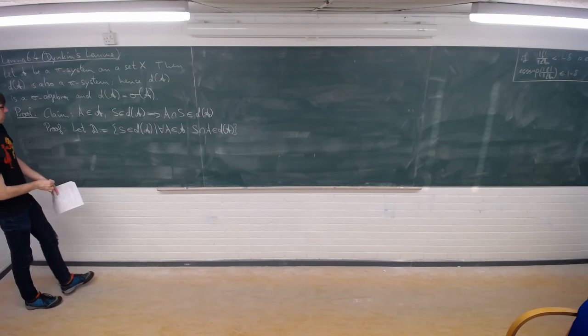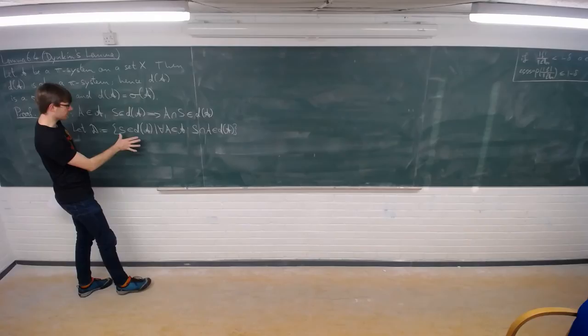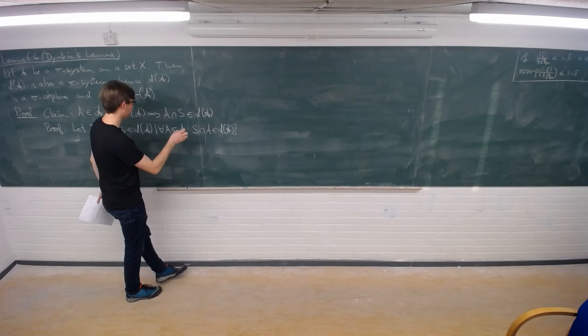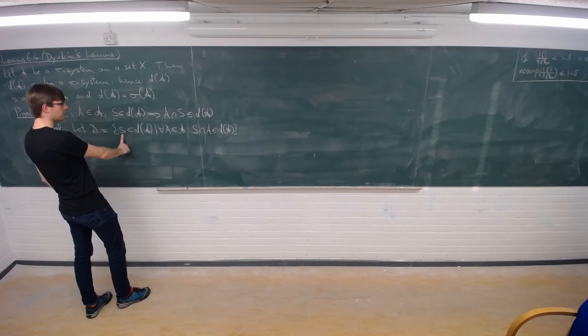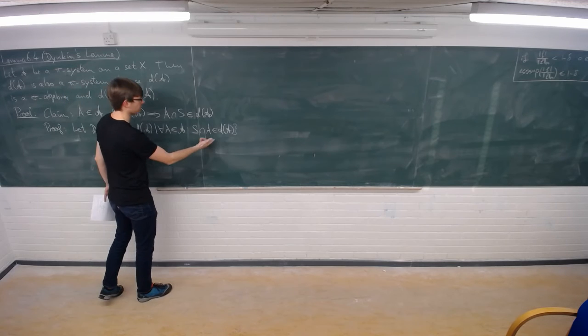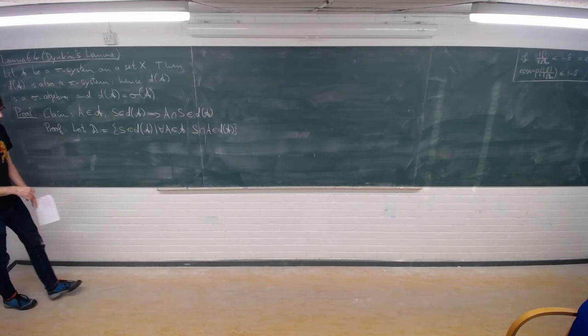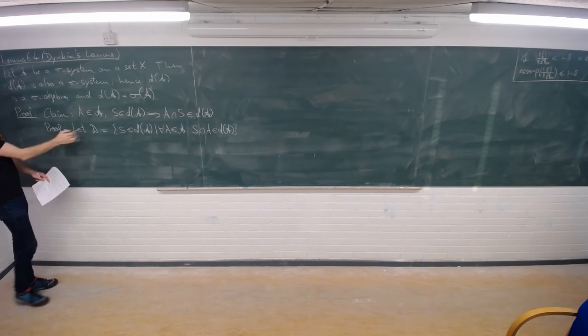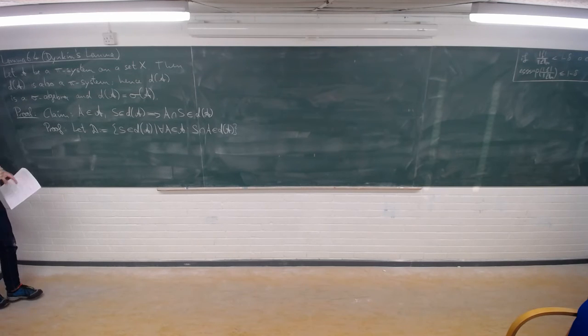Okay, so elements of D are defined by the property that if you take an element of D and you take the intersection with an element of 𝒜, then the result is in D(𝒜). And now what we're going to show is that this set D is a D system.